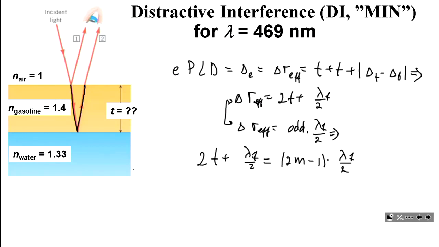And we have to solve it for this variable: 2m minus 1, a half of a wavelength in the film, minus a half of a wavelength in the film, divided by 2.